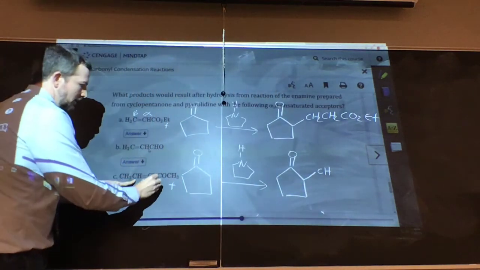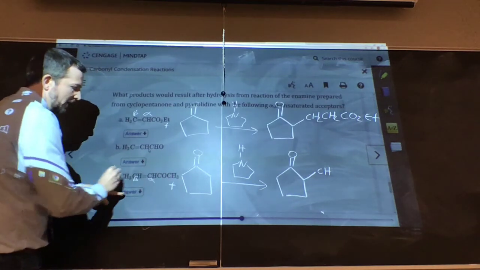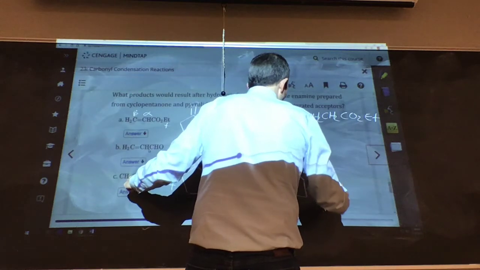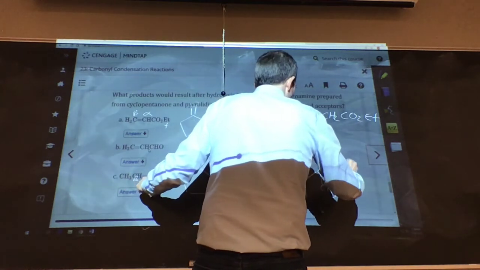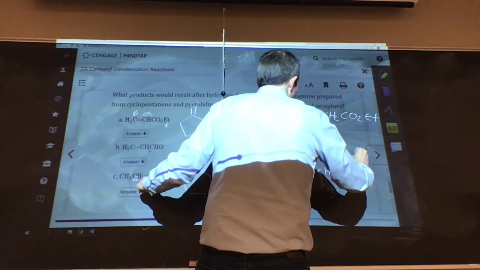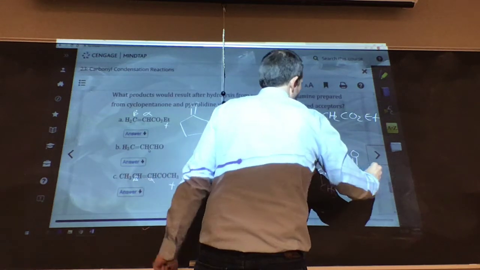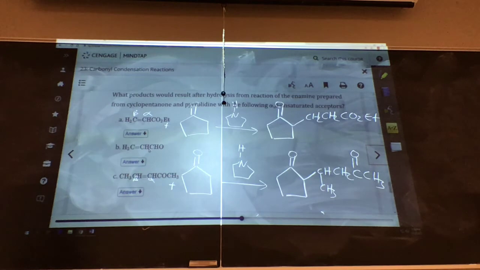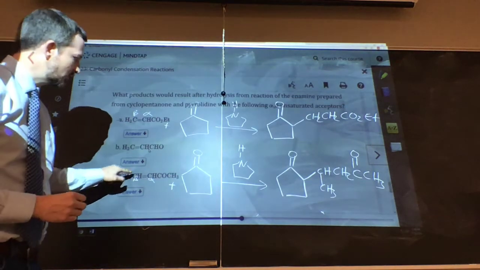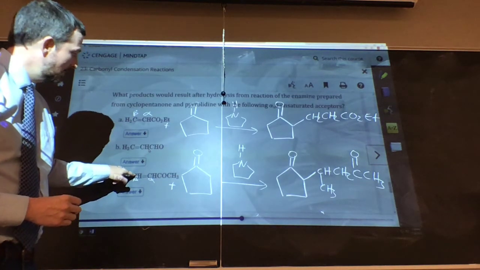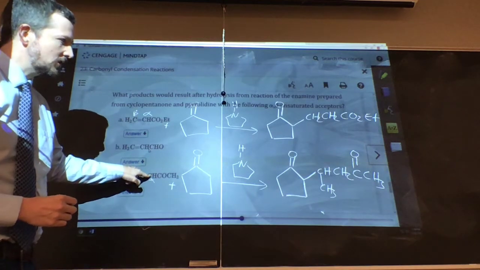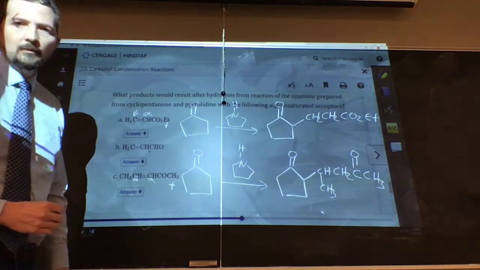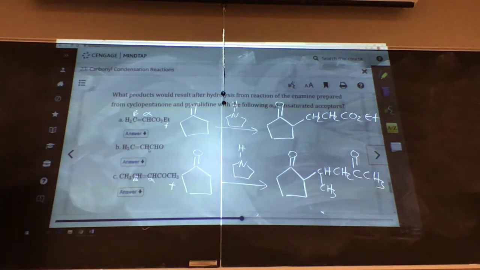Here's my alpha, here's my beta, and attached to that beta I have a CH3. Then just finish the molecule from there. So I have my CH3 attached to my beta position, then this becomes a CH2, and I have C double bond O, CH3. So that's the Stork enamine reaction.